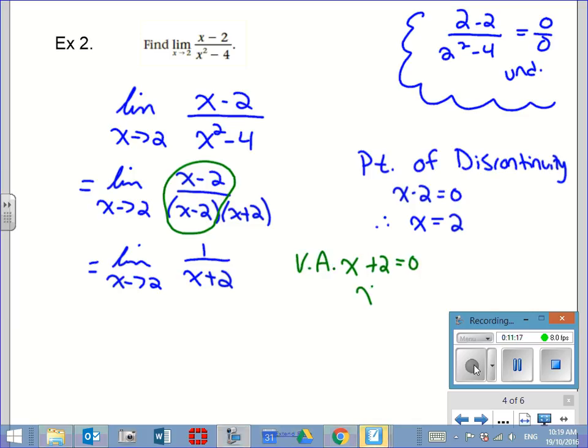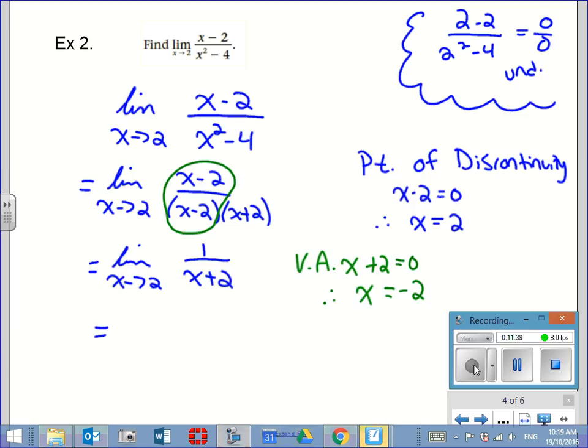So think back a couple units. We have a vertical asymptote at x equals negative 2. So we now know 2 pieces of information about our graph that you might not have seen just by graphing it in the calculator or just by looking at the function itself.